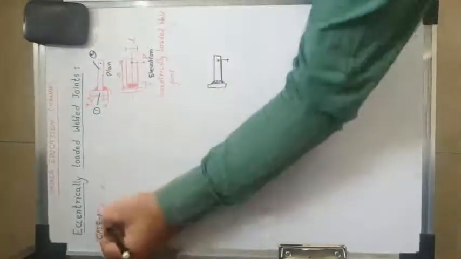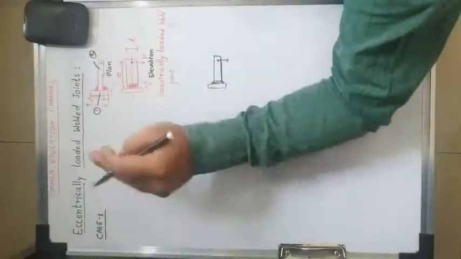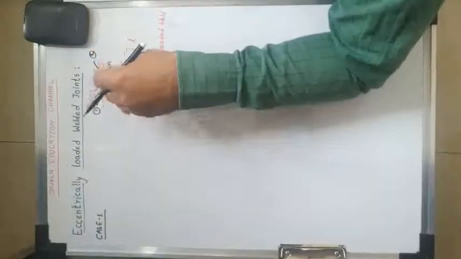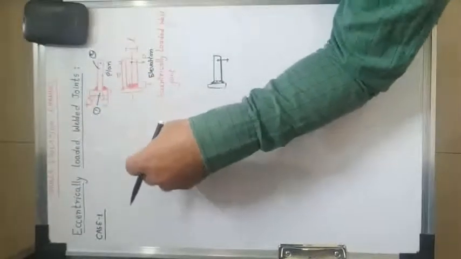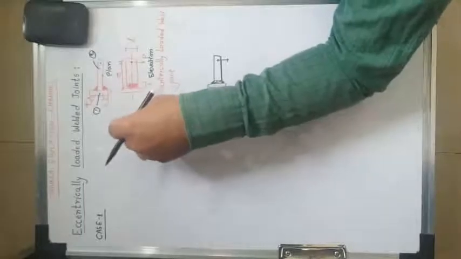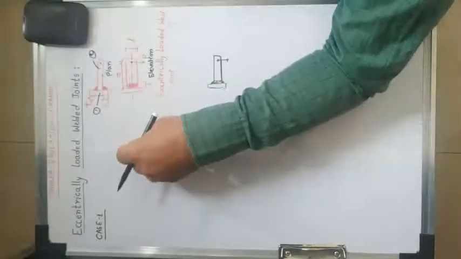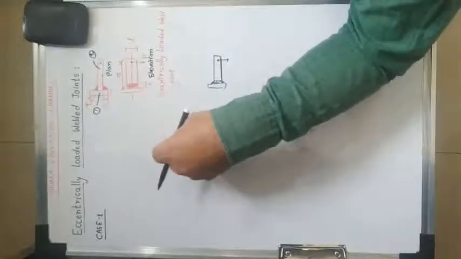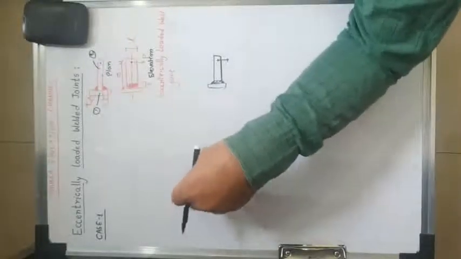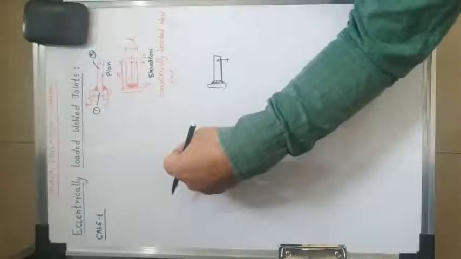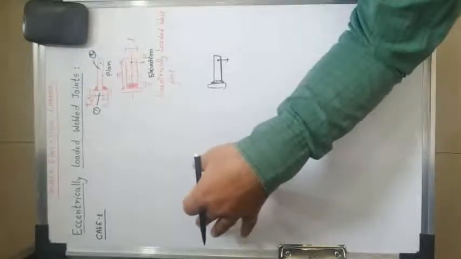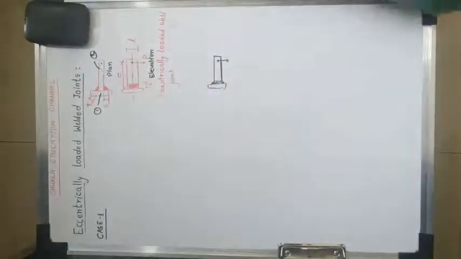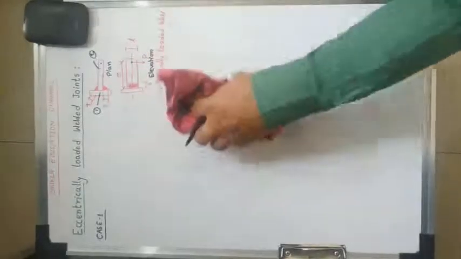In case 1, the first is shear stress and the second is bending stress. In case 2, the first is primary shear stress, the second is also shear stress but secondary, and when we combine both, a resultant stress comes. We will first see case 1, where two different stresses come.